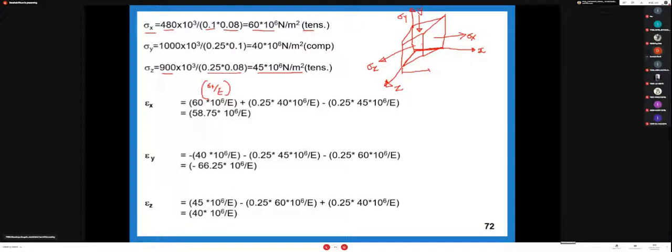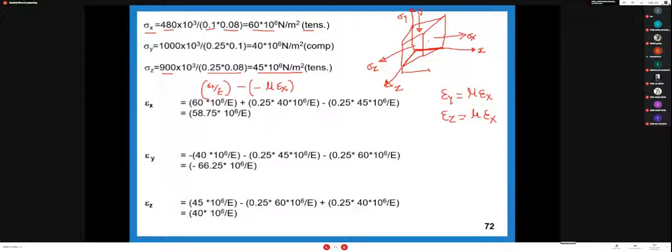Now this sigma y is compressive, so minus, its effect is also negative, so minus mu into sigma x, because strain in the y direction is defined by the Poisson ratio times the strain in the x direction, and strain in the z direction is also defined as the Poisson ratio times the strain in the x direction, meaning linear strain into Poisson ratio, so we get the lateral strain.